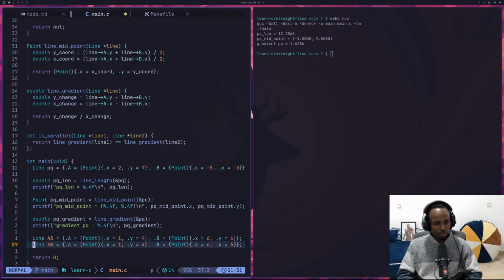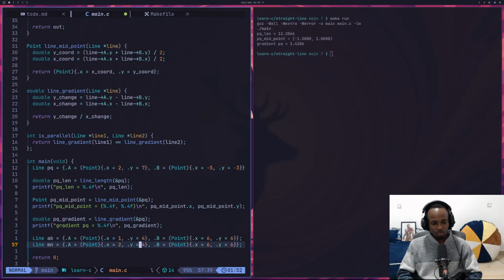And then now we are going to define line PQ. I'm thinking I could have done small caps here. I don't know why we went for those. And then here let's use MN. So line AB and line MN. For the first point of MN, let's use 2, -1.